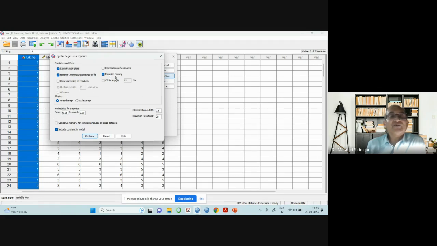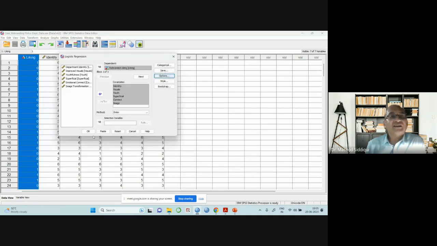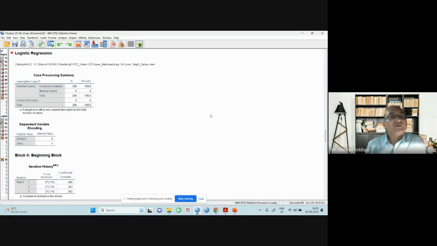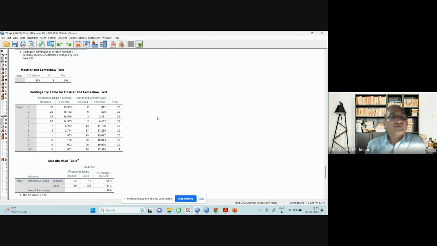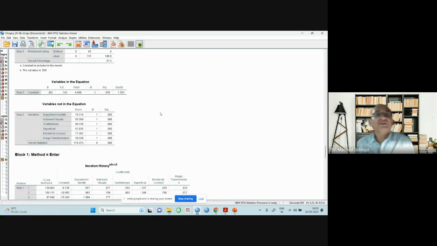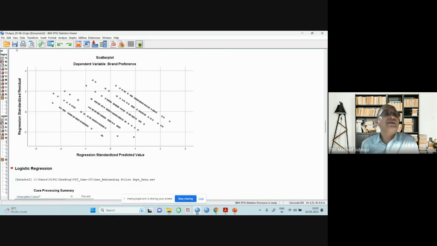Iteration history is there because it shows output at every level. We continue and then press OK. So this is the output, but we don't have that much time for the interpretation, so we are stopping here. That may be covered later on.